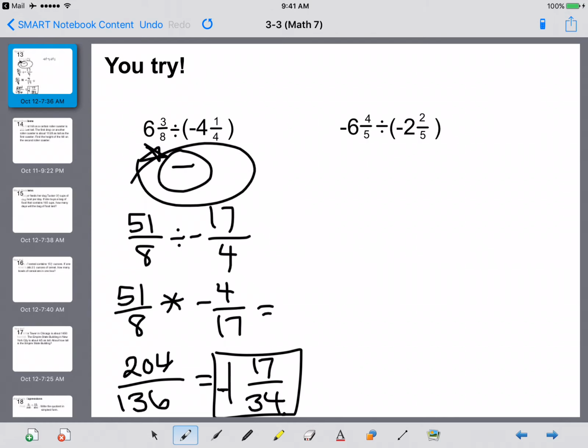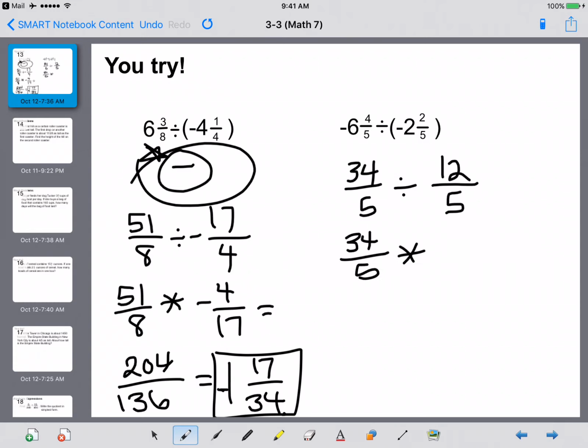A negative divided by a negative here is a positive, so we don't have to worry about that anymore. 6 times 5 is 30, plus 4 is 34 over 5, divided by 5 times 2 is 10, plus 2 is 12 over 5. We're going to stay and multiply by our reciprocal, so we're flipping that one.